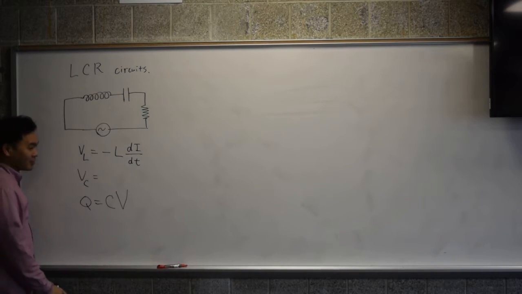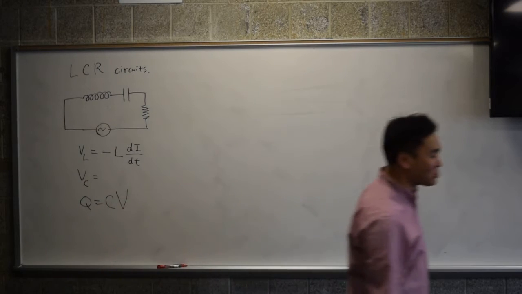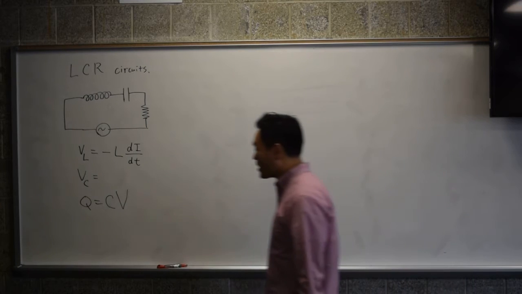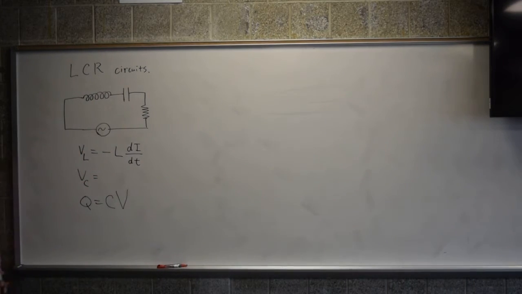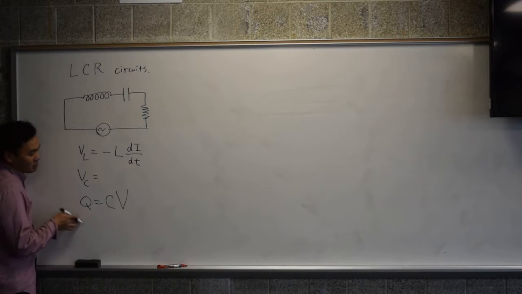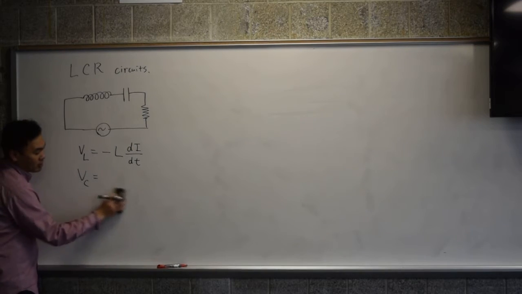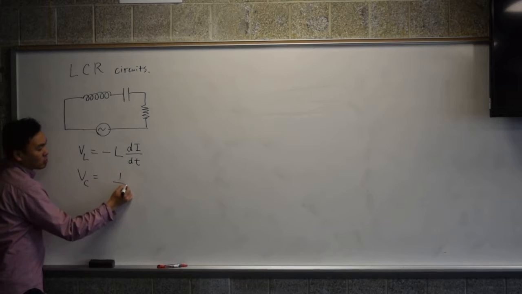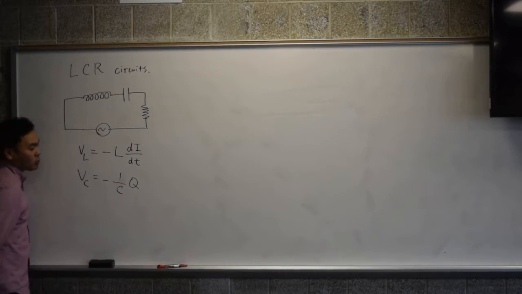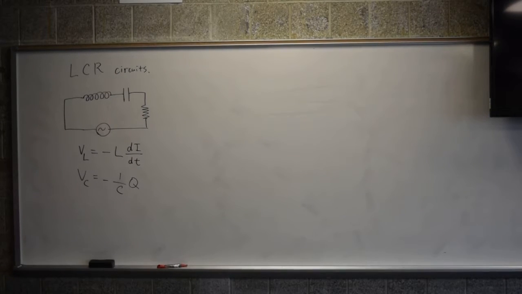See, everything is related. Don't think that you can study one subject and just completely erase it out of your mind and never see it again. You really need to remember things like this, okay? So if you divide this C to the other side, you get the following formula. It's 1 over C times Q. And it's actually a voltage drop, so this is how we're going to write it.